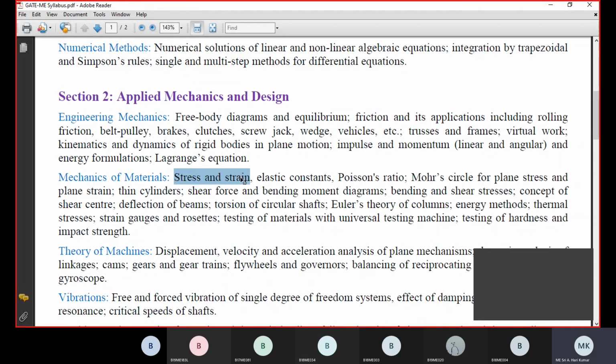So we started with stress and strain, and we would cover the basic stress and strain, and very important, engineering stress and true stress. Very important, because these might not have been covered in the course we have studied. But actually, we have to look at those two topics, true stress and engineering stress. Very important. And we could cover almost every aspect of stress and strain.